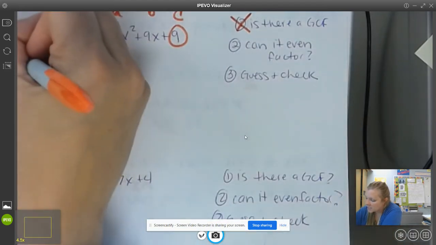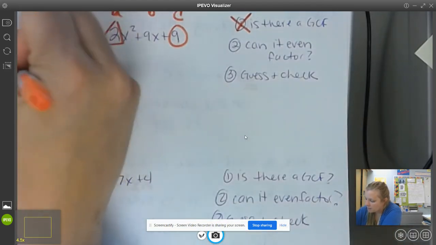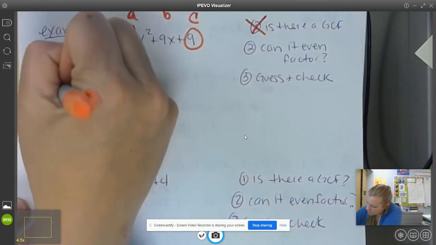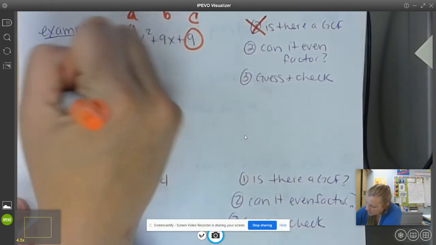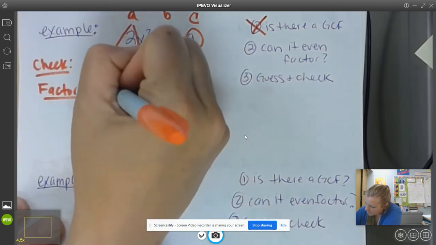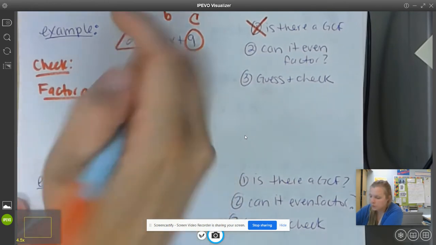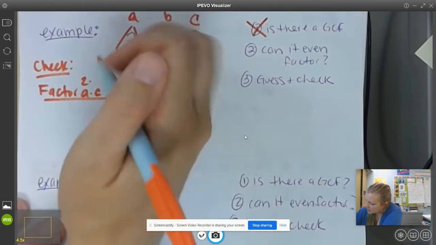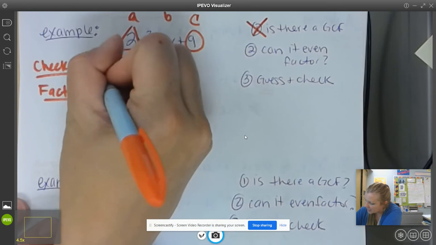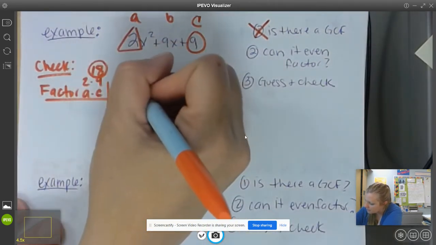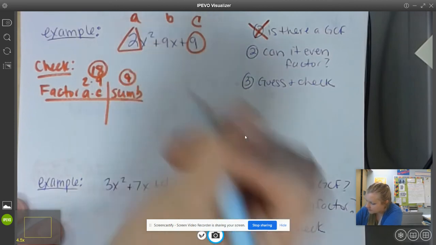And so to check to see if it's possible, again, remember this is the optional step, you're going to do the factors of A times C with the sum of B. So A is 2 and C is 9, so that gives me 18. I need to think of numbers that multiply to be 18, that add to be 9.